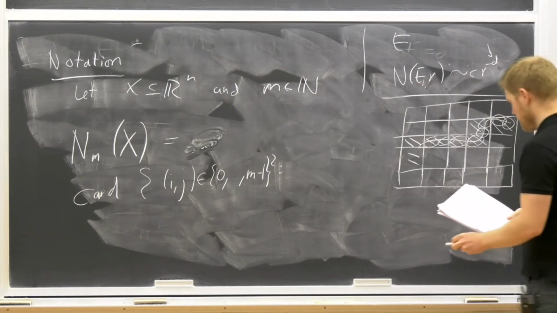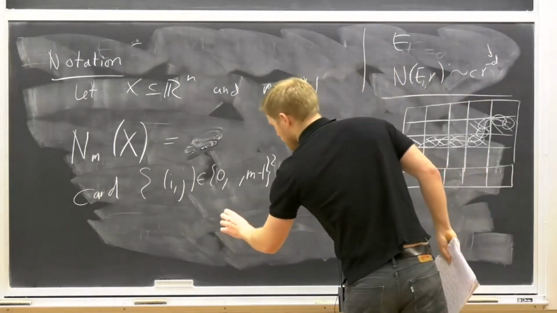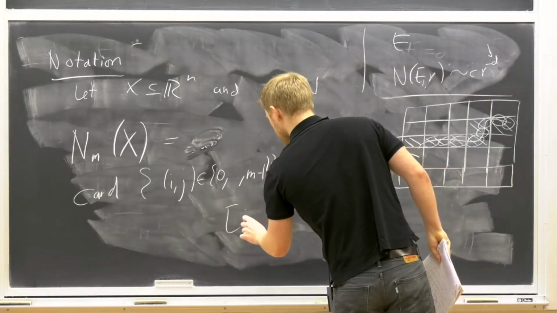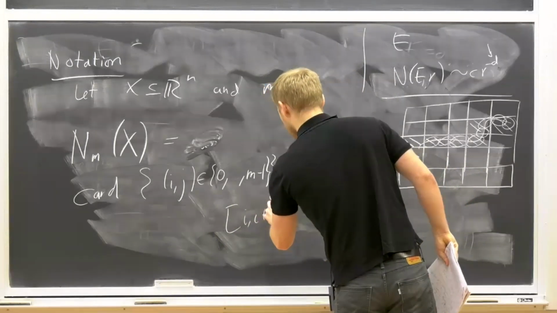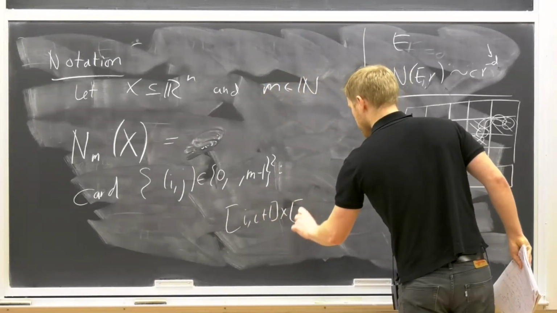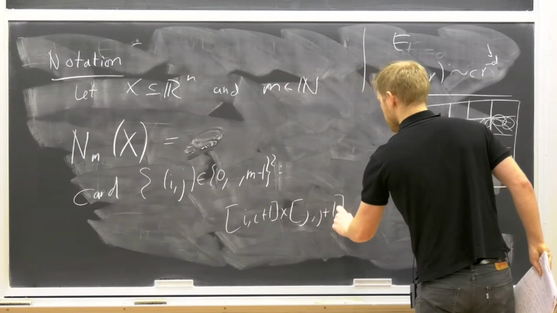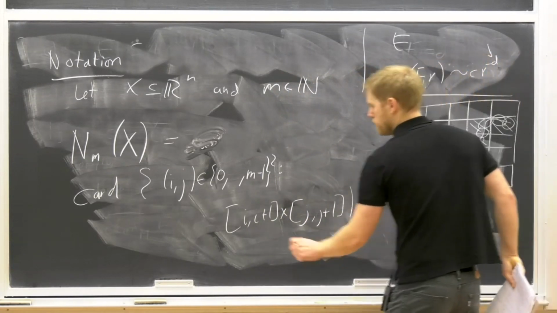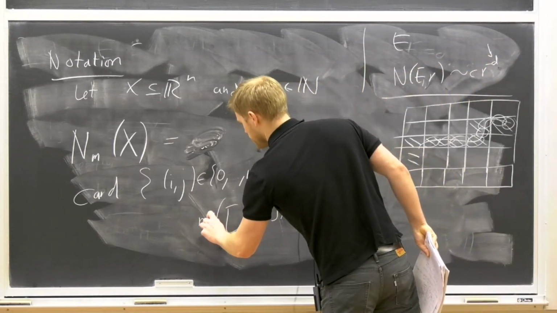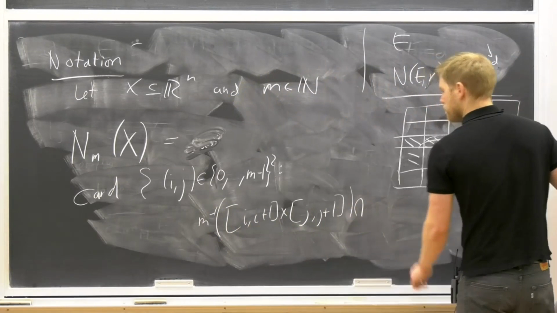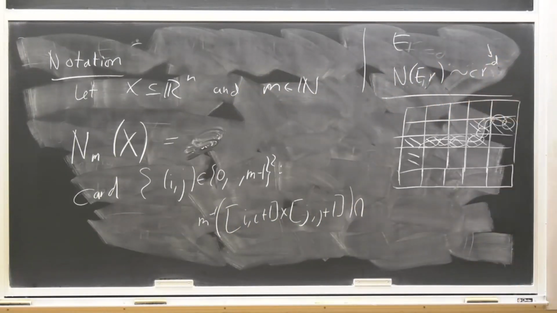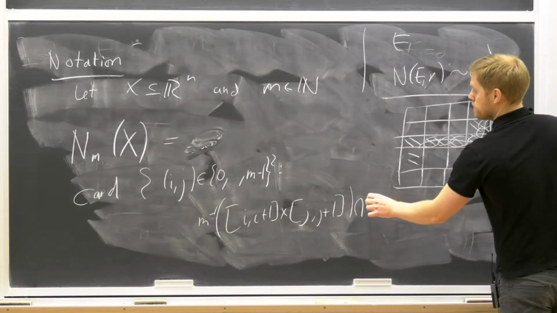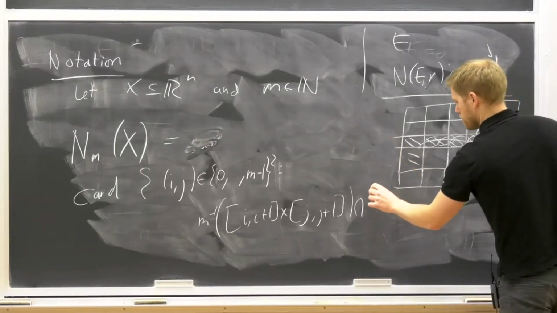So what I mean by that is that if you take this interval here, or this box, well, this is not in 0, 1. So let's multiply this by m to the minus 1. And then I want to count those boxes that intersect with X.